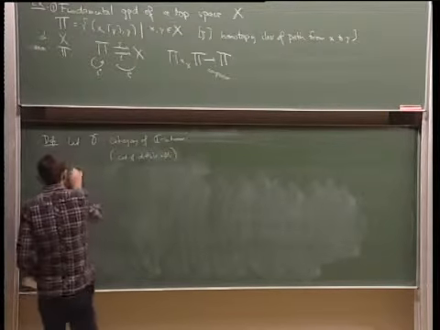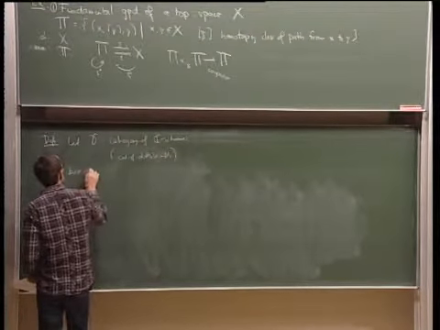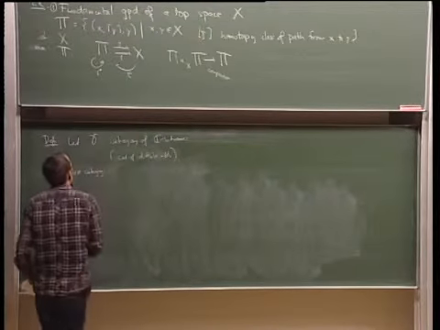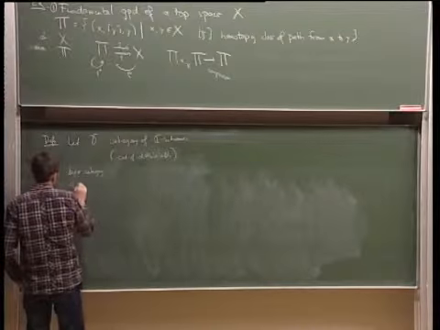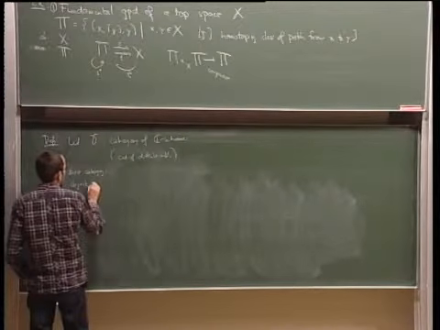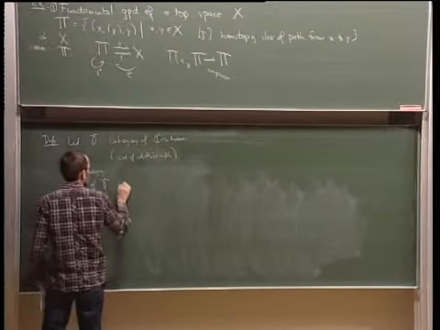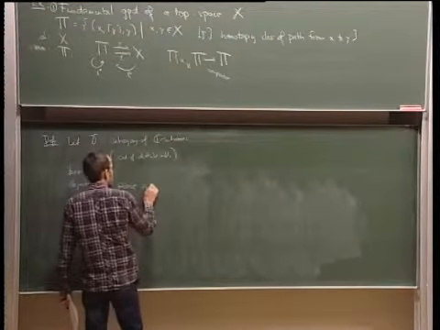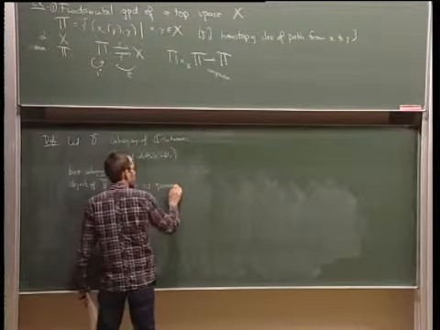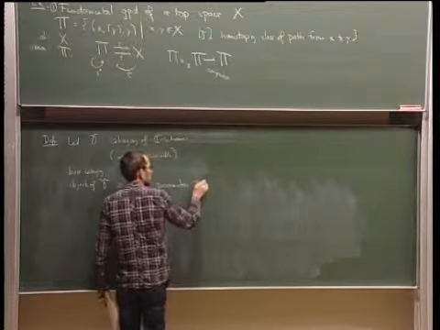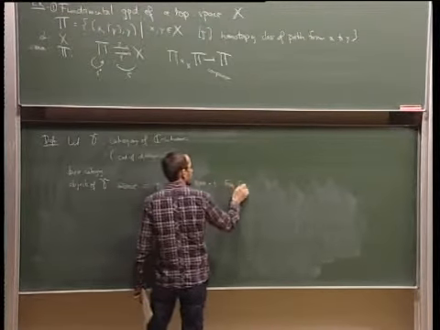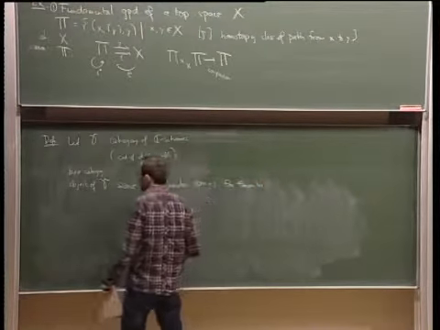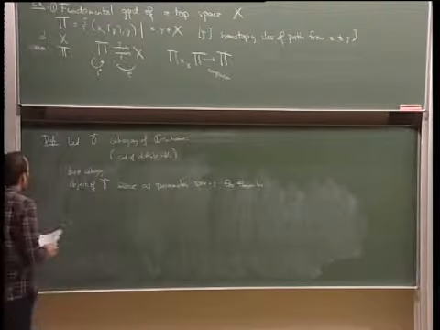Now this is some kind of base category, and the objects of S serve as the parameter spaces for families I want to consider.